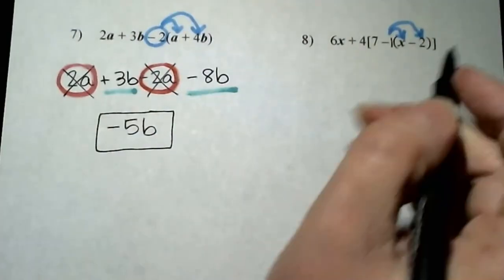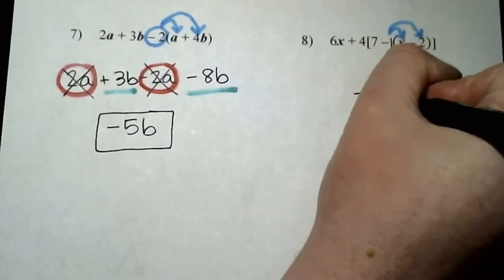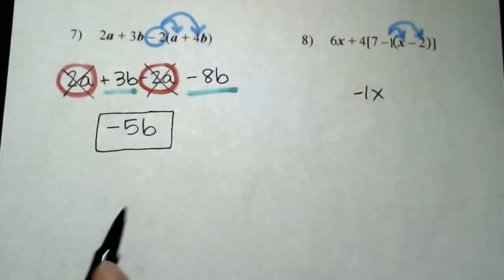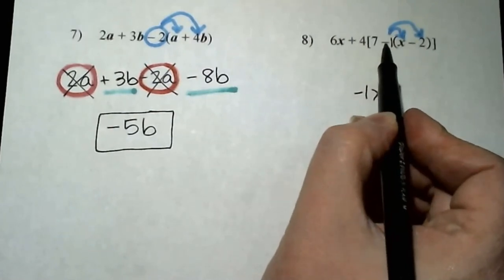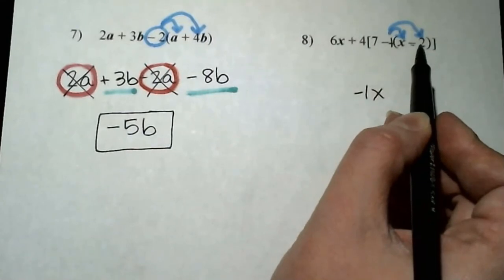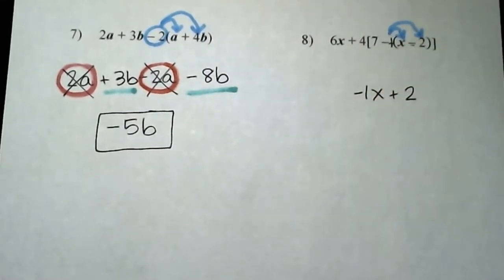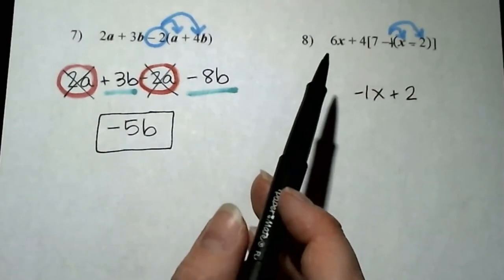So -1 times x is -1x. Then -1 times -2, negative times a negative is a positive 2. That clears the inside set of parentheses, and I'm going to bring everything else down now.